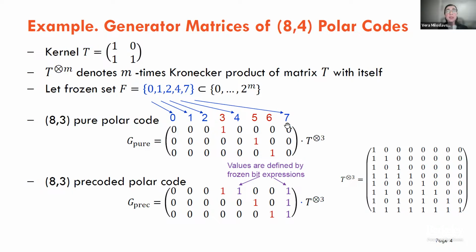So we have some expression for this frozen bit. It defines those values. And also an expression for this frozen bit, number 4, will define the value of this bit. It is desirable to use this additional flexibility to improve the frame error rate under successive cancellation list decoding.